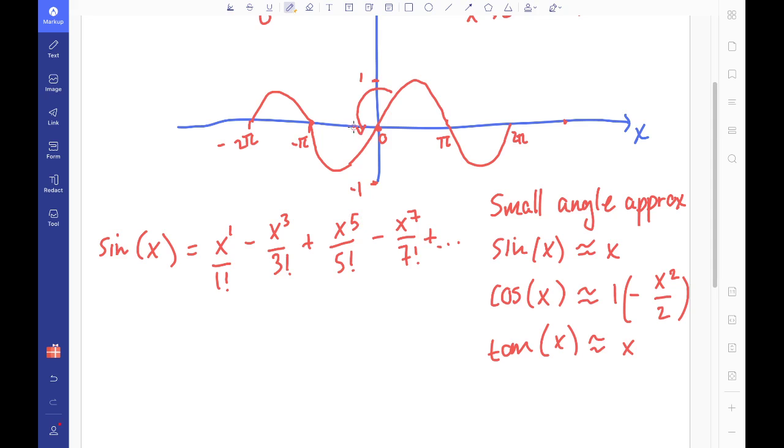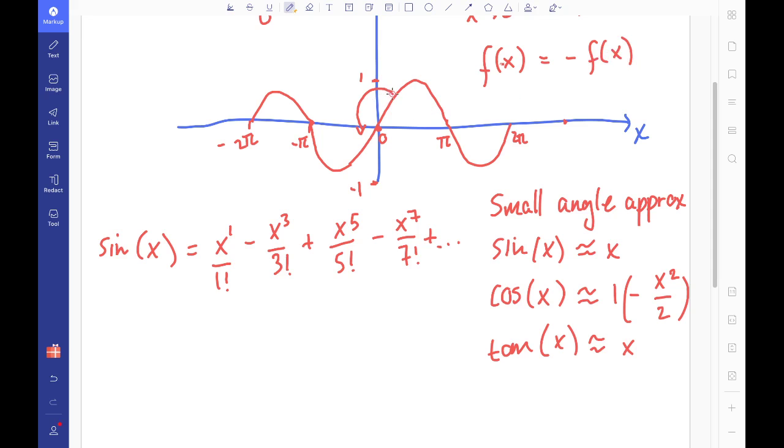Another way of saying this is that for odd functions, let's say f of x is an odd function, if I perform that transformation where I replace every x with a minus x, you would in fact get minus f of x.